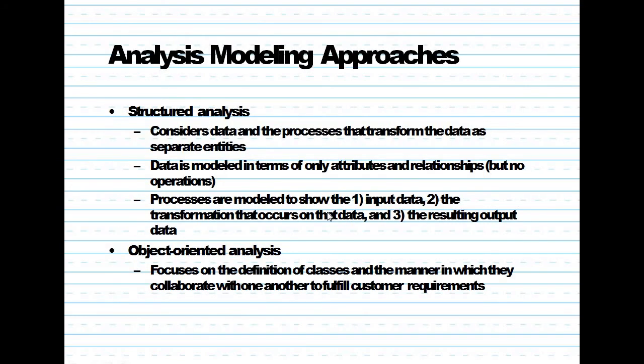So, analysis modeling approaches are structured analysis and object oriented analysis. Structured analysis consists of data and the processes that transform the data as separate entities. Data is modeled in terms of attributes and relationships. Also, the process model shows input data, the transformations that occur on the data, and the resulting output data.